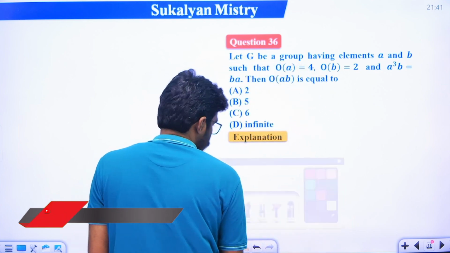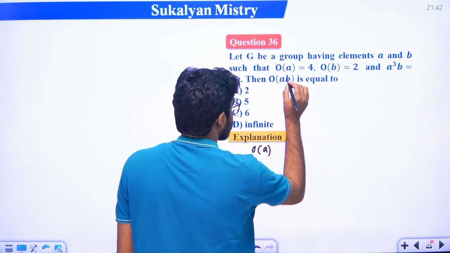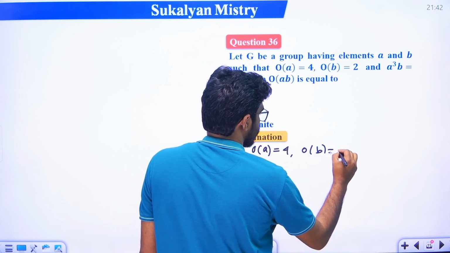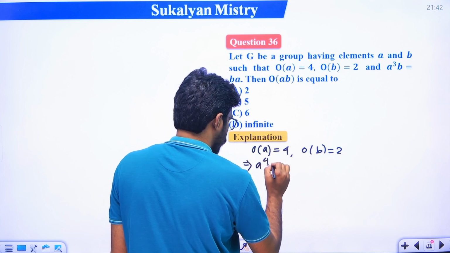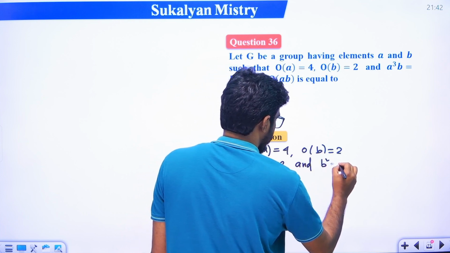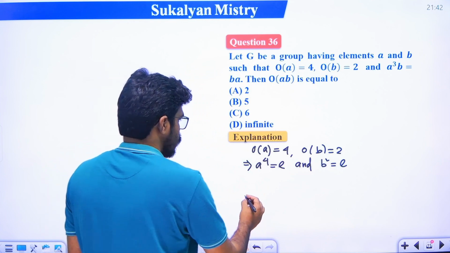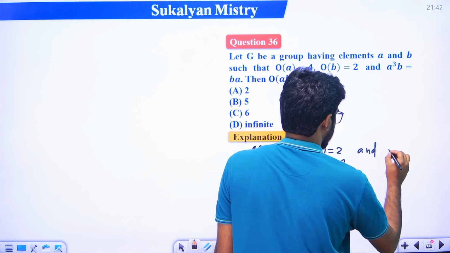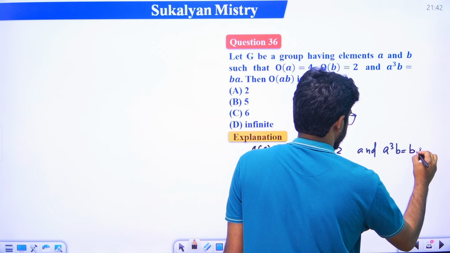So basically, what is given here? The order of A is 4 and the order of B is 2. That means A to the power 4 is equal to E and B square is equal to E. Also, it is given that A cube B is equal to BA.